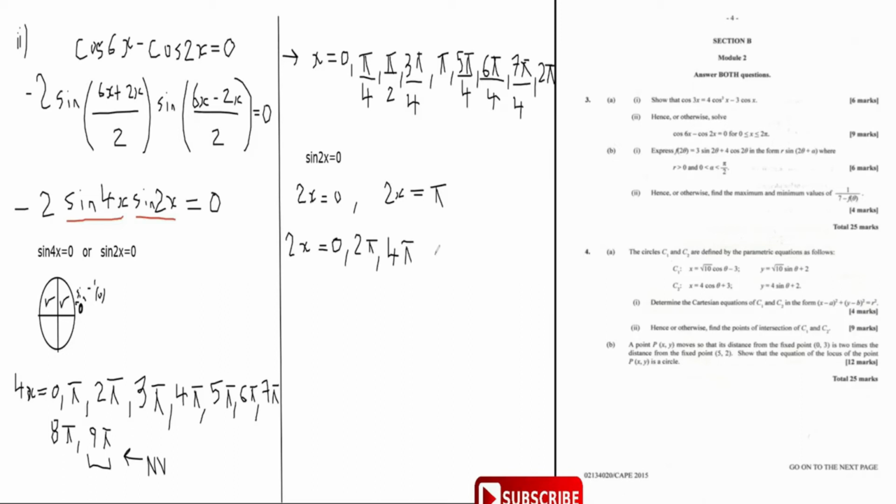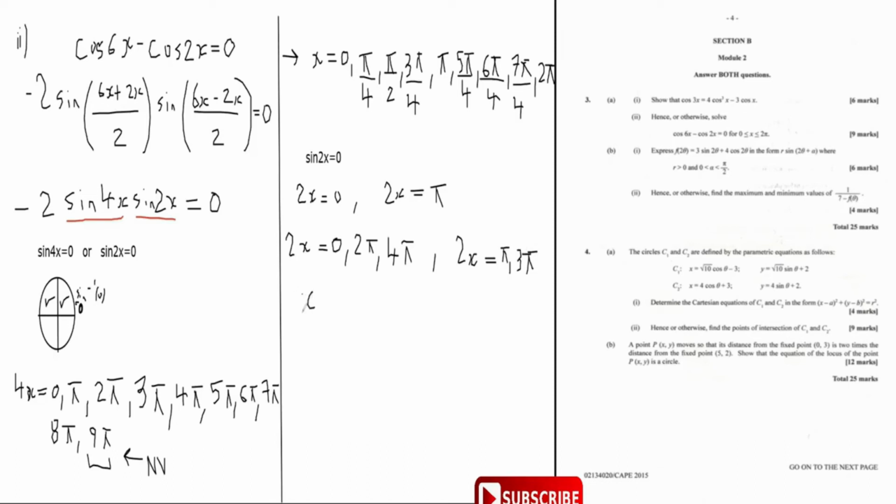And from over here, we can go around the circle one more time to get that 2x is equal to pi. The next thing you're going to have is 3 pi. So you divide through by 2 now.